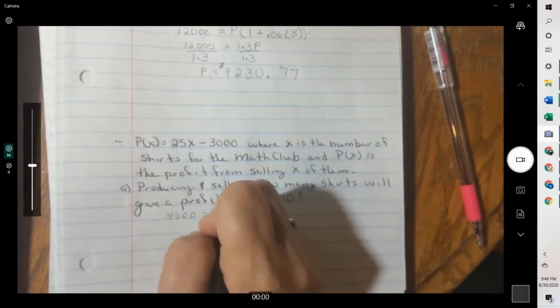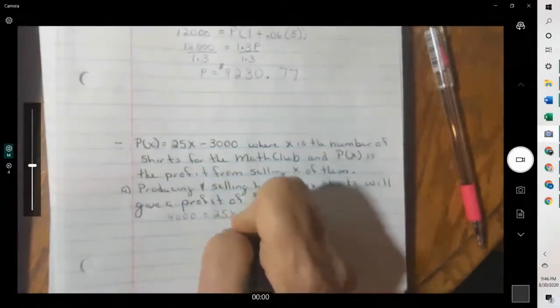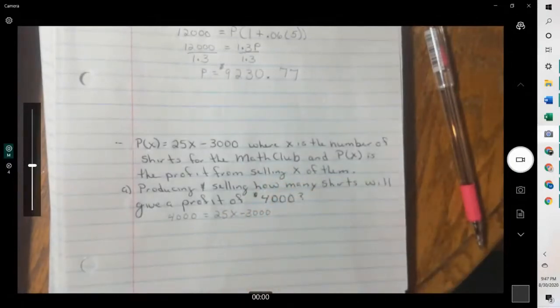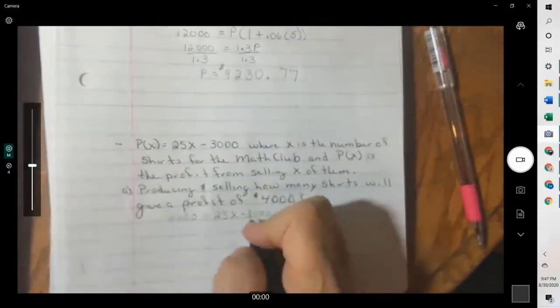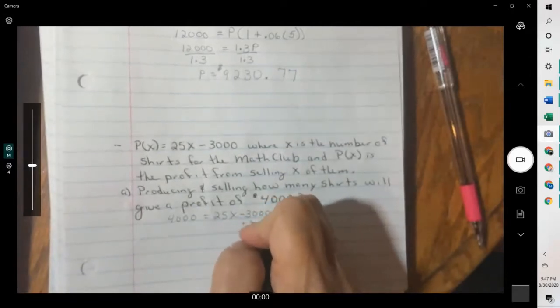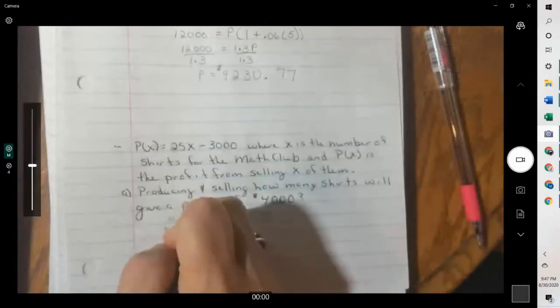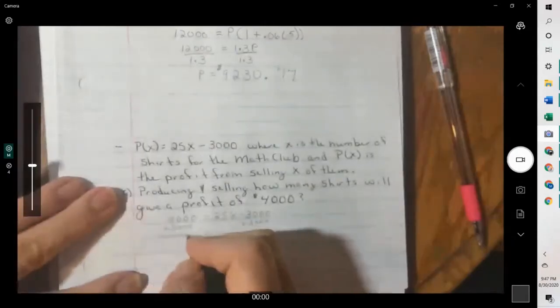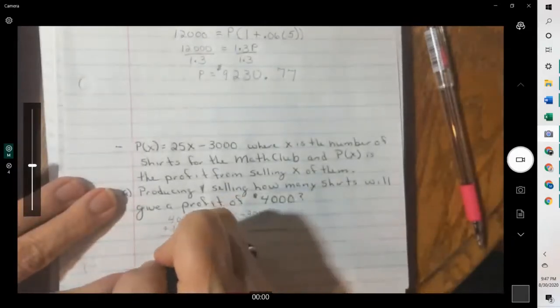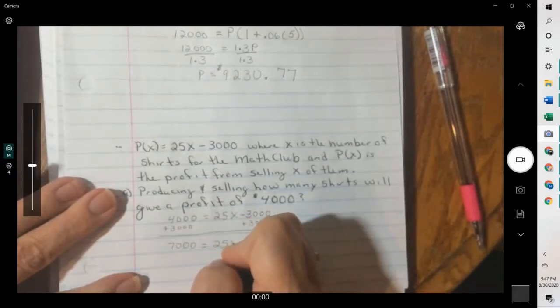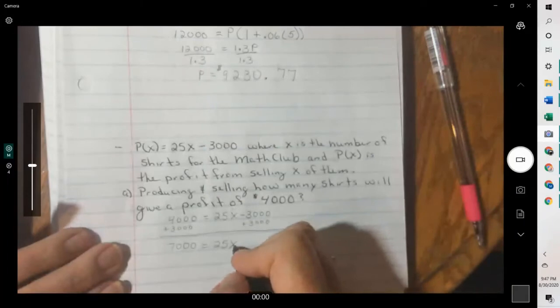4,000 equals 25x minus 3,000. And then we want to solve for x. So we're going to add the 3,000 to the other side because we're getting x by itself. We have 7,000 equal to 25x. We're still trying to get x by itself.